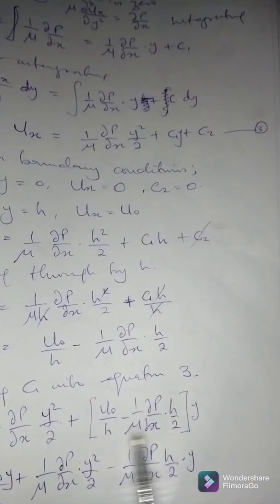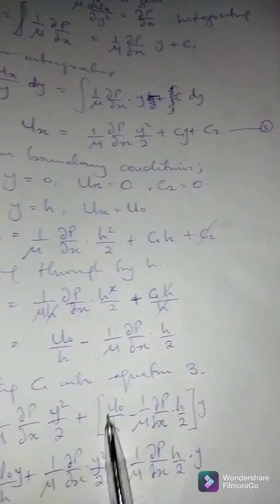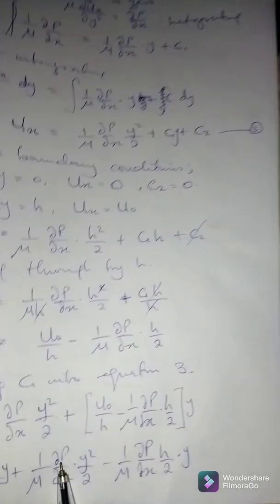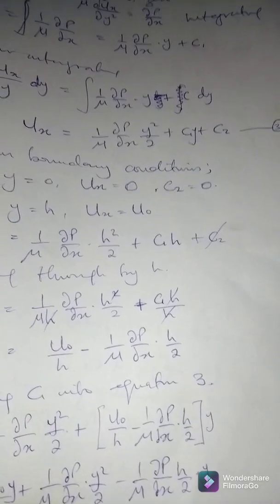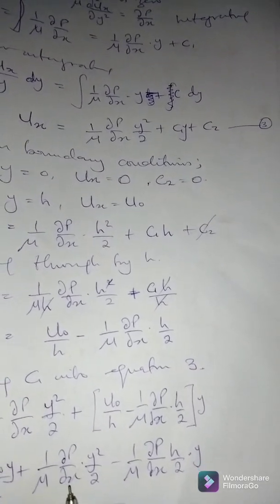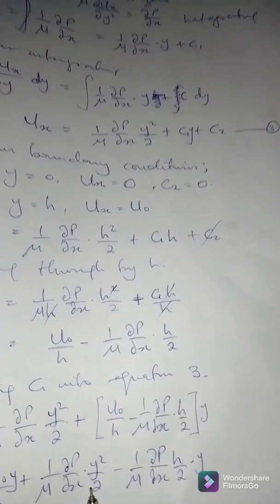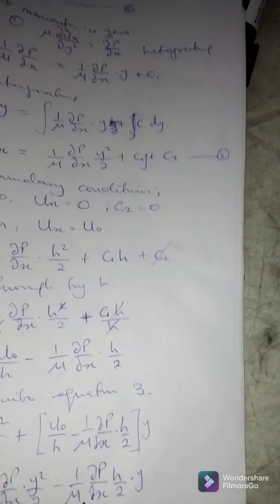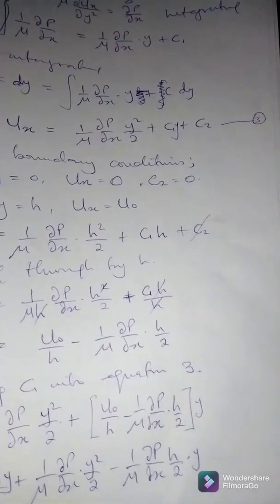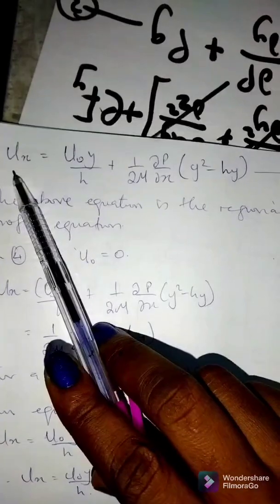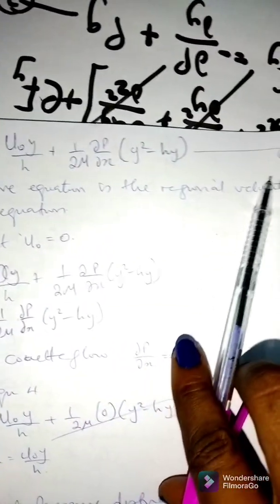First of all, we'll expand this, giving us uo y over h plus 1 over mu partial p partial x times y square over 2, minus 1 over mu and all that. Finally, after simplifying the equation, this will be our final expression.